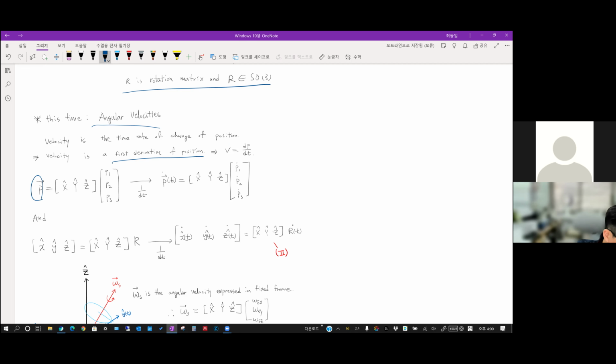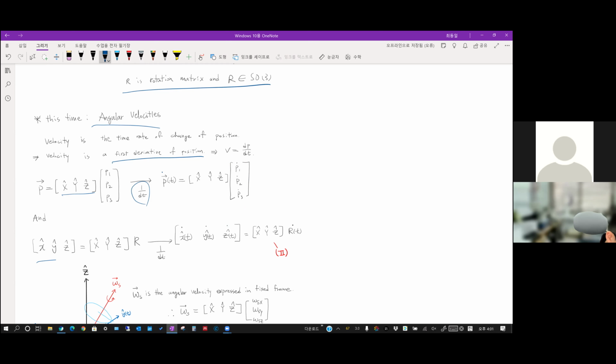In the position vector expression here, the xyz is the fixed frame, so it is constant. So when we take the time derivative, it becomes p dot, and here this value becomes like this. So the position was differentiated in time here.